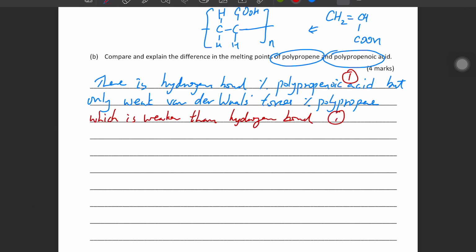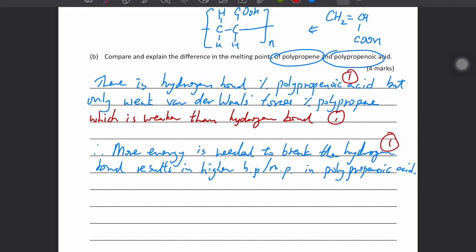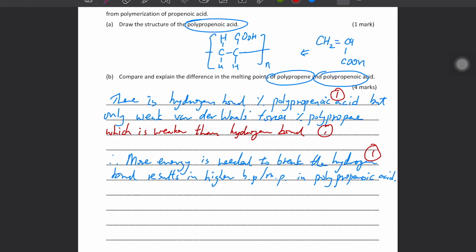And don't forget, this point is critical, right? Which is weaker than hydrogen bond. The result is we need more energy to break the hydrogen bonds, resulting in a higher melting point and boiling point. So you can see actually it should be 3 marks only because there are only 2 compounds.